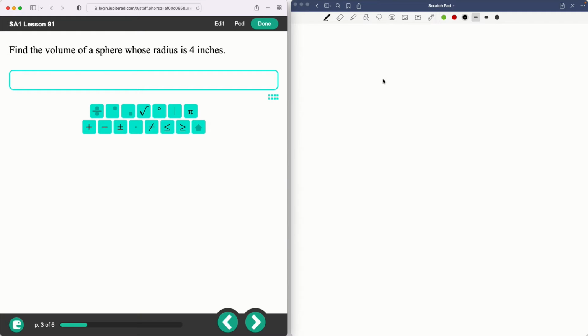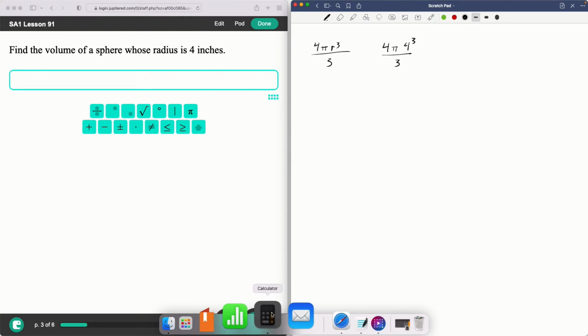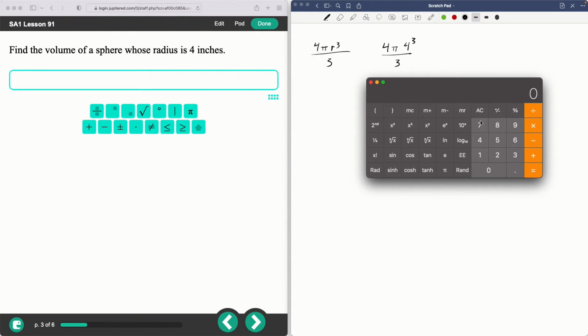Find the volume of a sphere whose radius is 4 inches. So the formula is 4 times pi times radius cubed divided by 3. So we are going to drop in our radius, which is 4: 4 pi 4 cubed divided by 3. We pull up my calculator and we'll do the top part. So 4 cubed is 64.